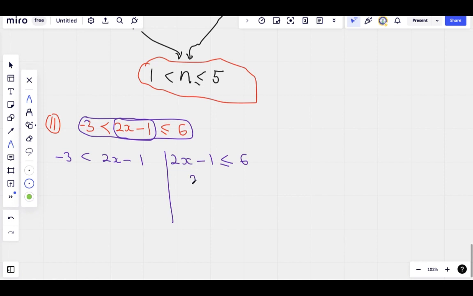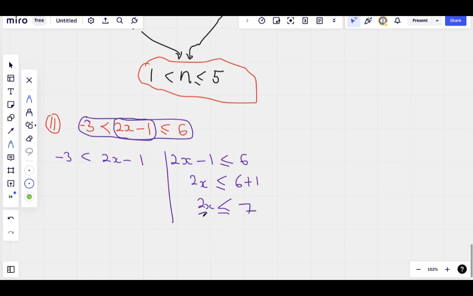So if I have 2x, I'll take this negative 1 to the right to join 6. It becomes 6 plus 1. So I have 2x is less than or equal to 7. I divide both sides by 2.